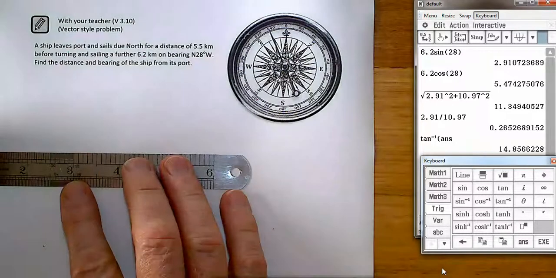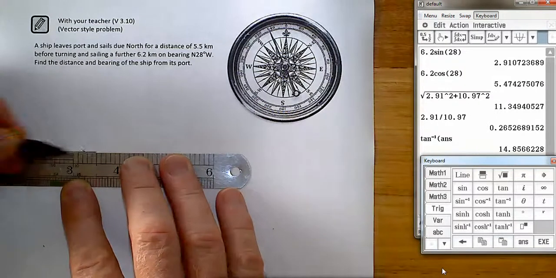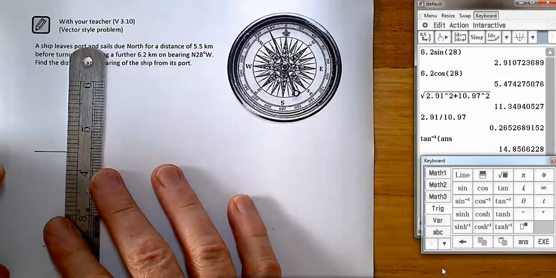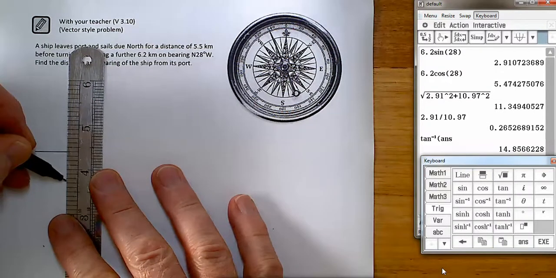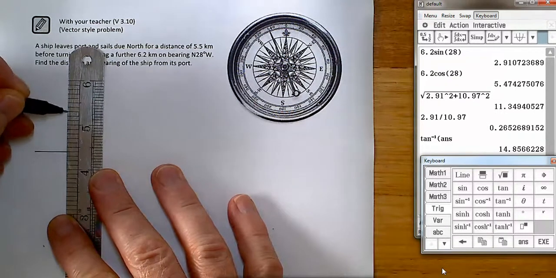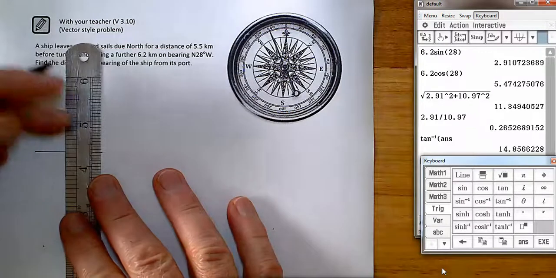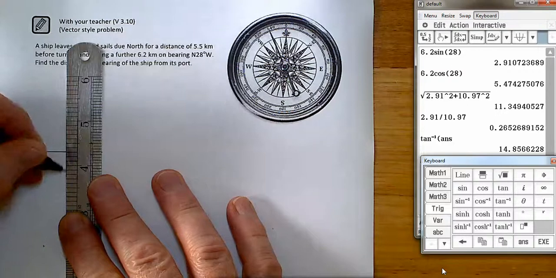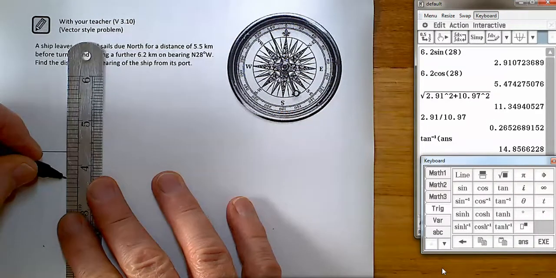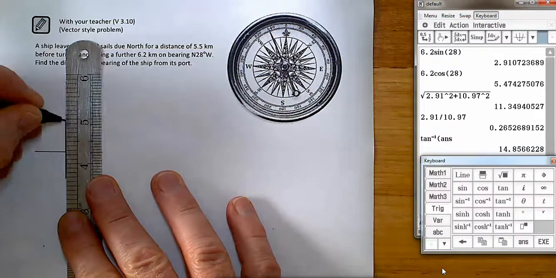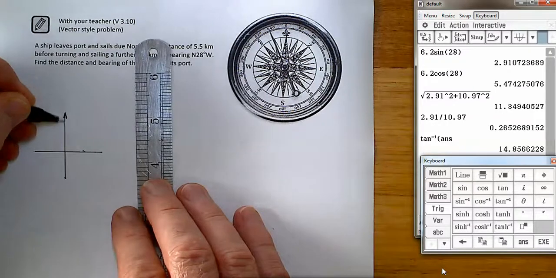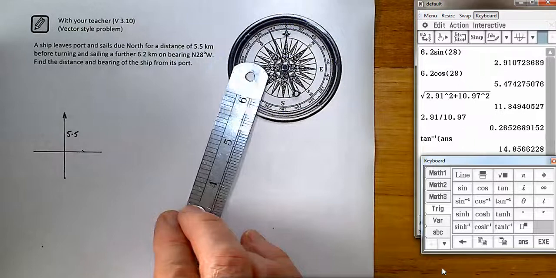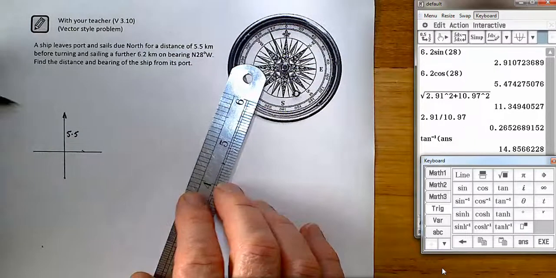Let's draw the situation. It starts here and travels due north for 5.5 kilometres. It's a bit like it's heading straight up here. Straight up here for 5.5 kilometres, and then it turns and travels north 28 to the west.